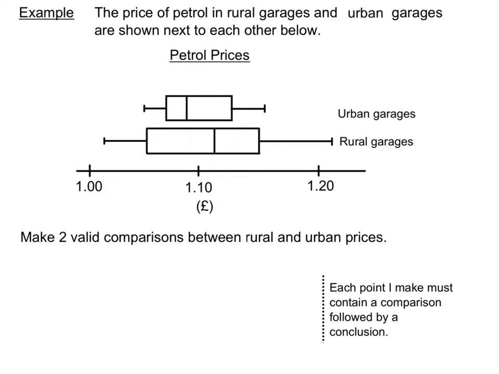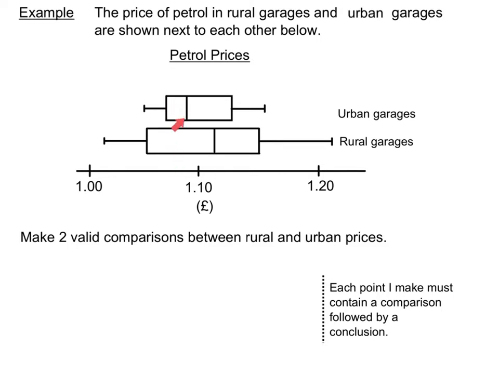What we need to do is make two valid comparisons between the rural prices and the urban prices. Now, the two things we're looking to compare in this case will be the median value and then the interquartile range. So we'll start off with the median value. Now in this case I don't even need to write down the actual value of the median here. It's hard to tell from this scale exactly where that falls, maybe about £1.08 or £1.09 for this urban garage median here.